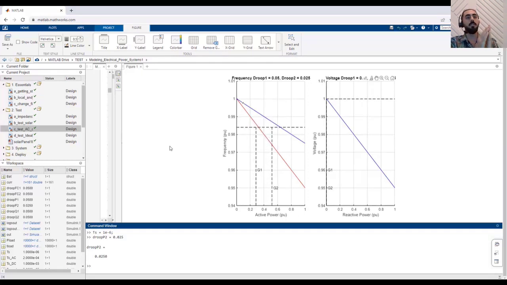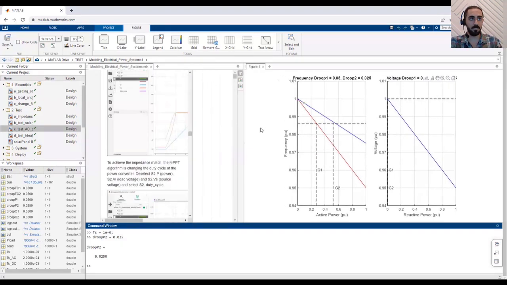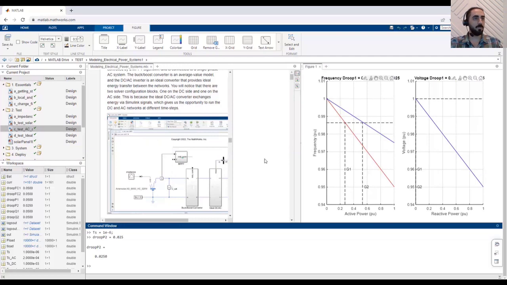In fact, generator 2 has twice the power of generator 1, and it has the droop value half of the other generator. Twice the power, half the value of the droop. That's the fundamental of the frequency droop power sharing, and we verified that by using Simscape, and we are seeing that on the live script.